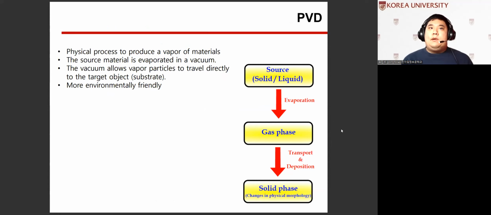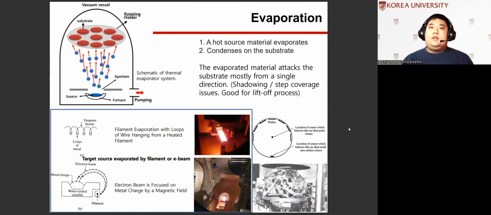Next, we are going to discuss physical vapor deposition. Unlike chemical vapor deposition, we only use physical reactions to make vapors, such as heat, electron beam, and so on. First, let's move on to evaporation. In this method, we can use heat or electron beam to make the materials evaporate. In heat evaporation, we only use single materials.